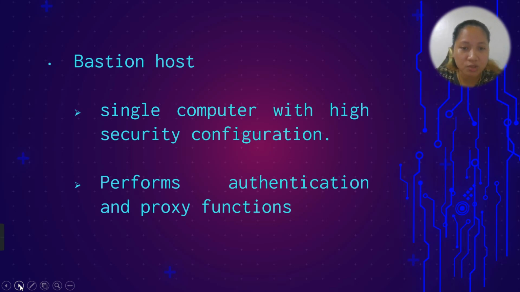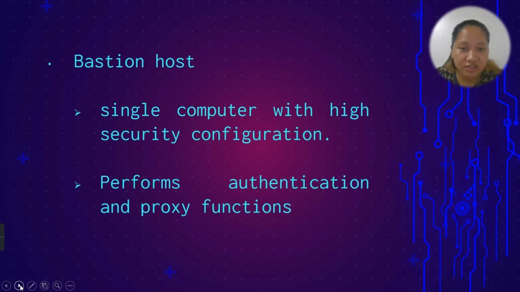Next is the bastion host, a single computer with high security, and it performs authentication and proxy functions. A bastion host is a kind of reception area in an office premise. Every outsider first needs to register themselves at reception, and only then is entry into the office area permitted.